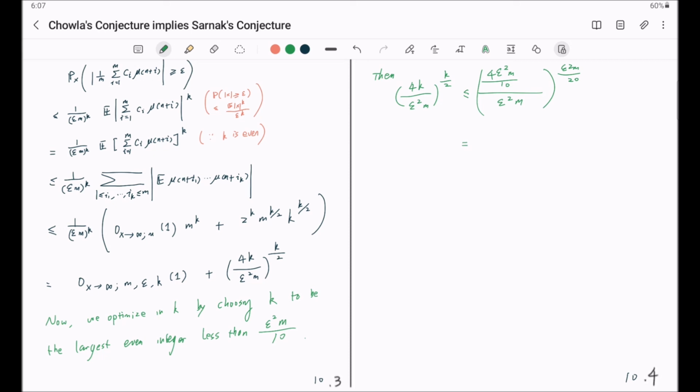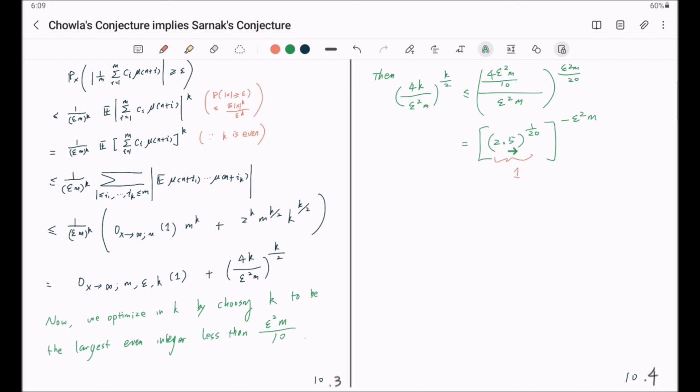And let's simplify this. Here we flip this base and pull out a negative sign in the exponent. This is what we get. The point is, this number is greater than 1. So this guy is exponentially decaying in m.